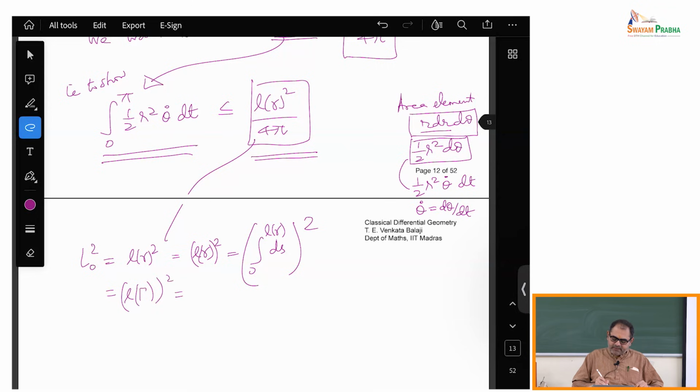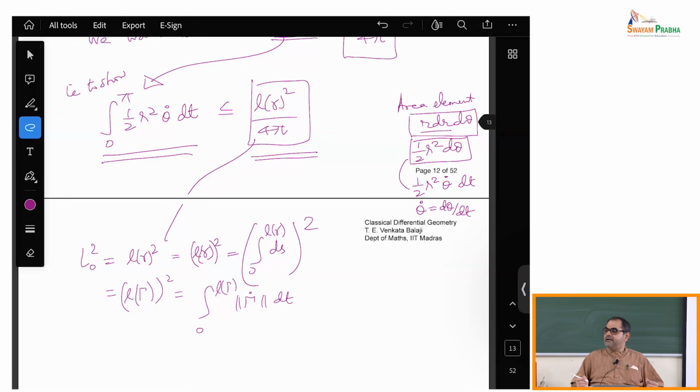It's going to be the integral from 0 to L of capital gamma, and here if you use capital gamma, then you have to integrate the speed. So you have to take gamma dot, take the norm of that, and then put dt.